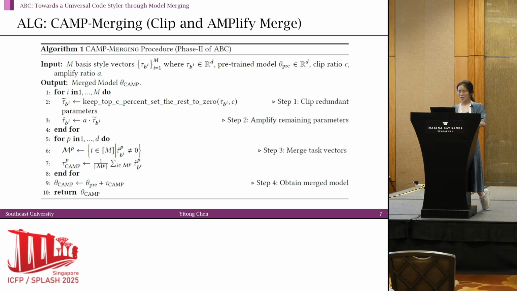For each parameter, we compute the mean of all non-zero values. And finally, the merged style vector is applied to the pre-trained weights to obtain the final merged model.